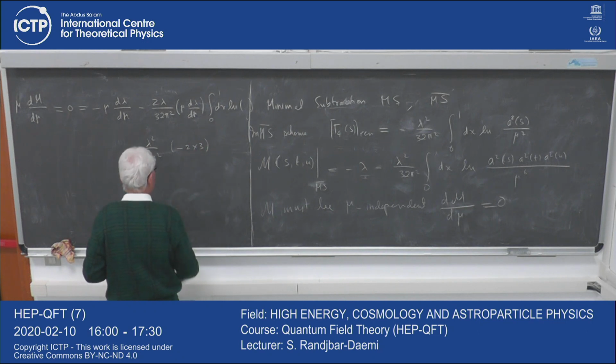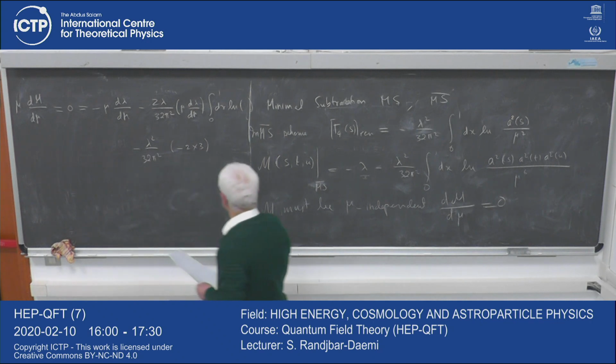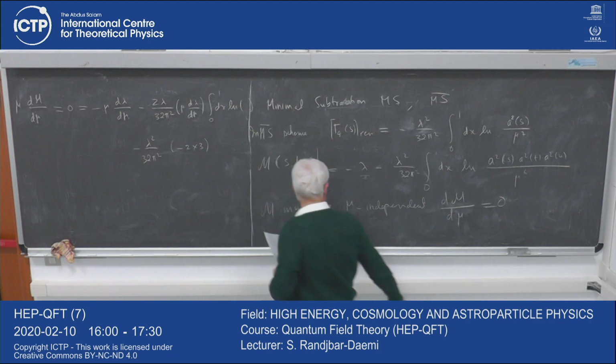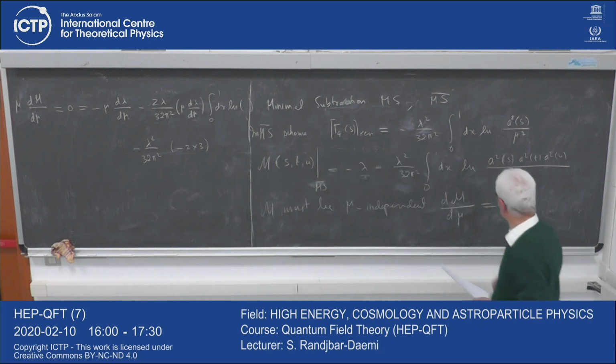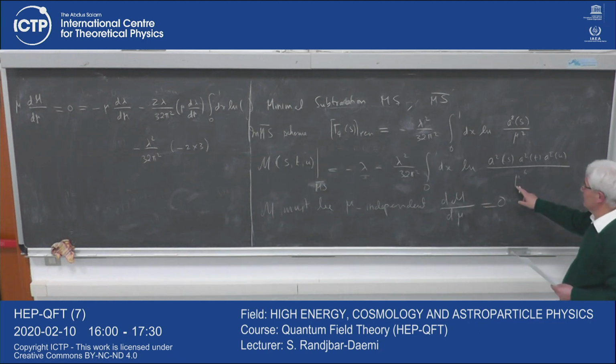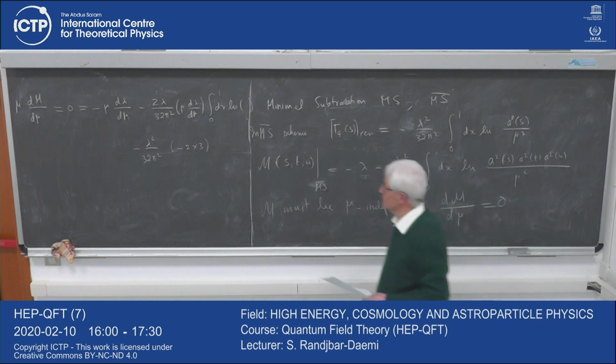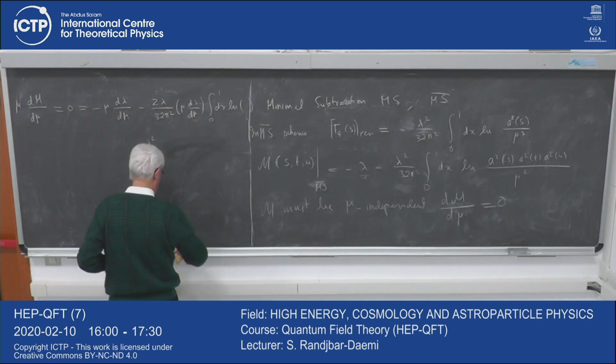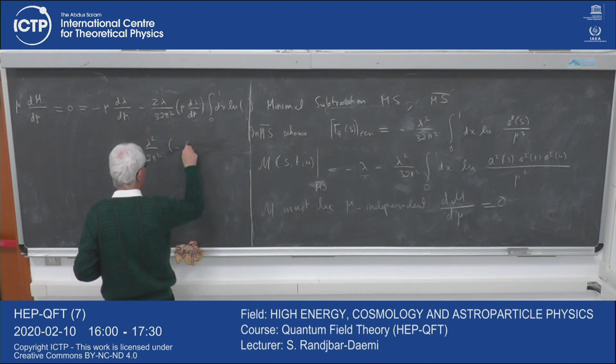Because we are differentiating with respect to mu. Actually, we are differentiating with respect to logarithm of mu. This is 6 times logarithm of mu. Since it's in the denominator, it gives you this minus. So it simply gives you minus 6.